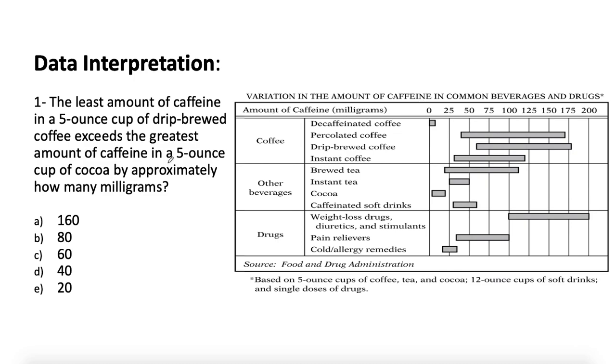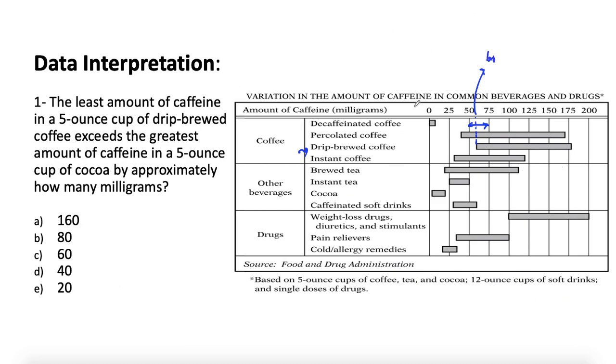So let's see the first one. The least amount of caffeine in a 5-ounce cup of drip brewed coffee. This is 5 ounces, right? Asking about this, you see this is 25, so the minimum will be something around 60.